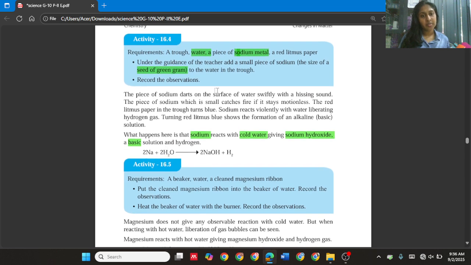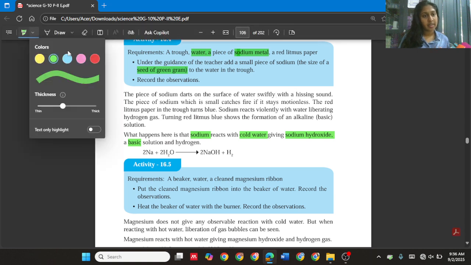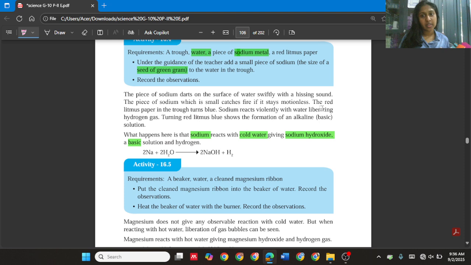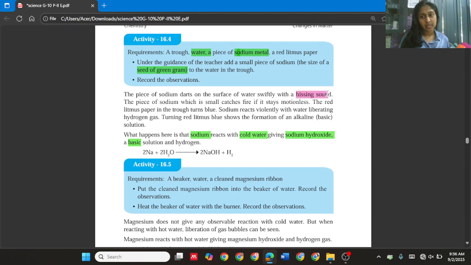So what happens here? The piece of sodium darts on the surface of water swiftly with a hissing sound. Let's highlight the observations in a different color. Hissing sound. The small piece of sodium catches fire if it stays motionless.